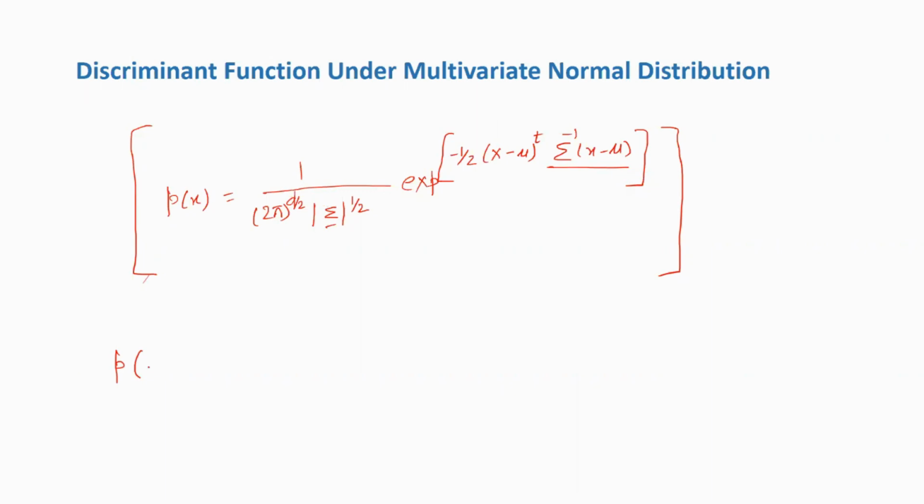The conditional probability distribution for a given feature vector x, said to belong to some class omega i, will be given as 1 by 2 pi to the power d by 2, into the determinant of the covariance to the power half, e to the power minus half (x minus mu i) transpose covariance matrix inverse (x minus mu i).